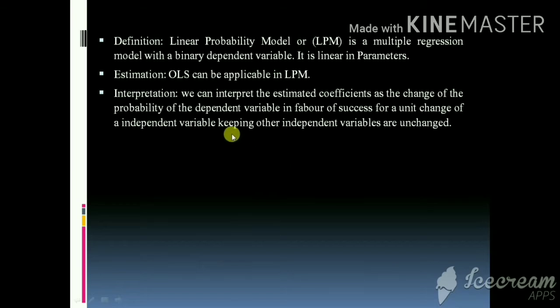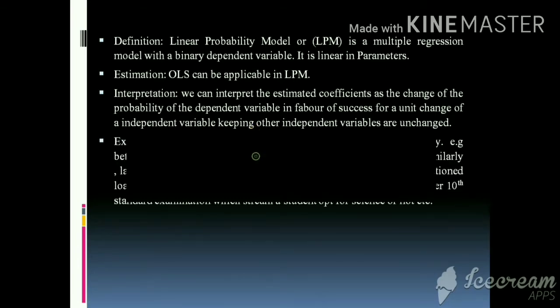But in the LPM, we have to explain it as the change in the probability of the dependent variable in favor of success. I will explain what we mean by success later on. That is, in favor of success for a unit change of an independent variable, keeping other independent variables unchanged.